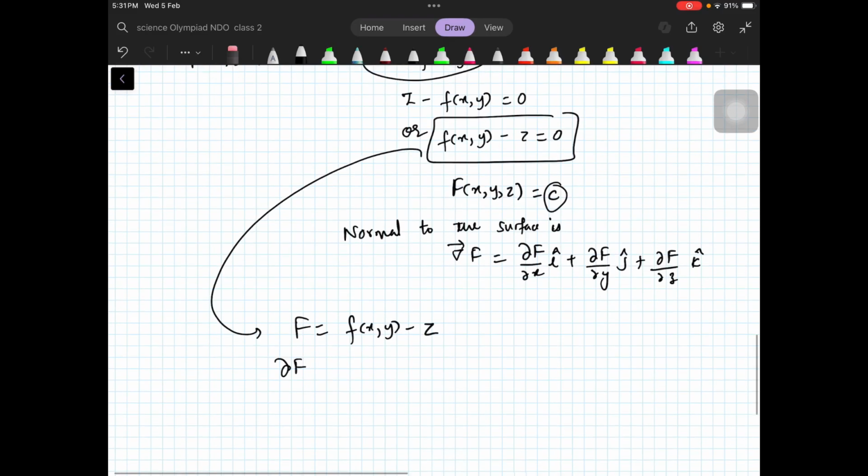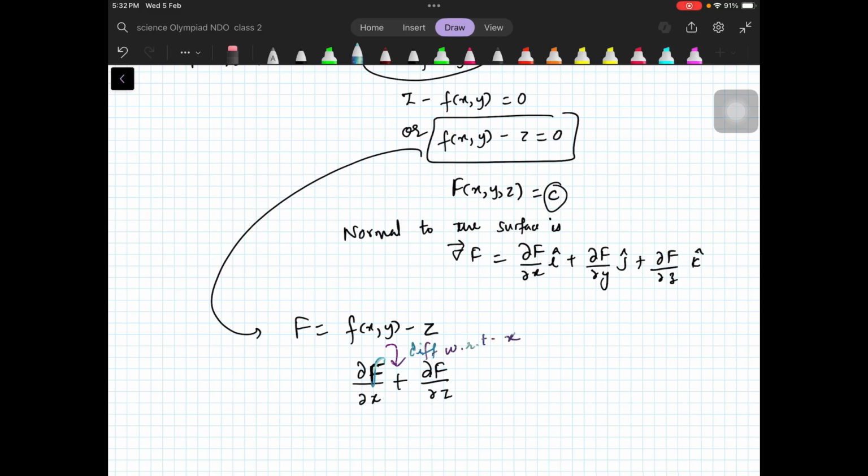Now if I want to do curly F by curly x, what will that be? I am simply differentiating with respect to x.